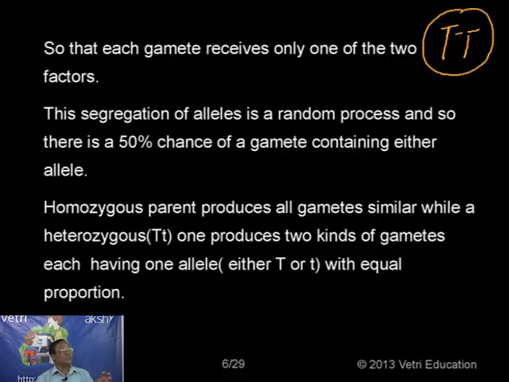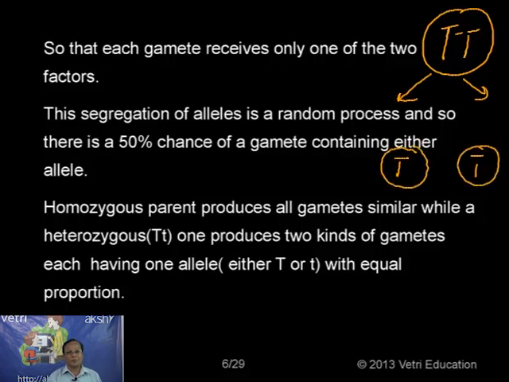When the homozygous individual forms gametes, once again we receive gametes with the haploid number of chromosomes, one with half the number of chromosomes, another with half the number of chromosomes of the parental variety. So when the homozygous individuals produce gametes, all 100% of the gametes are similar, and they have the same allele for that character.